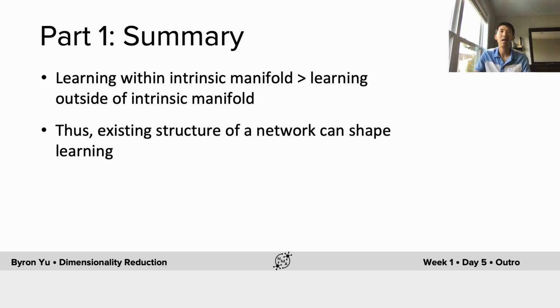Recall that the intrinsic manifold presumably reflects underlying network constraints about how neurons are interconnected with each other. And so the way in which neurons are wired up can affect what we find easier to learn or harder to learn.